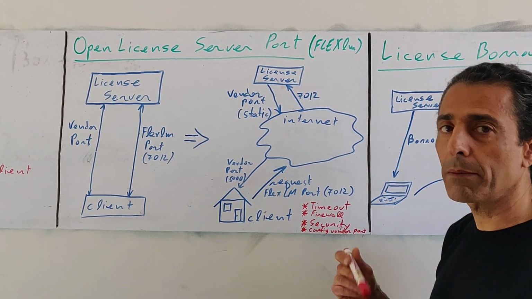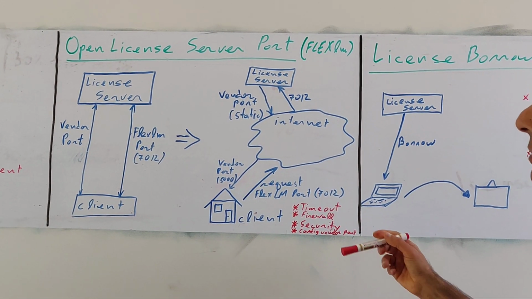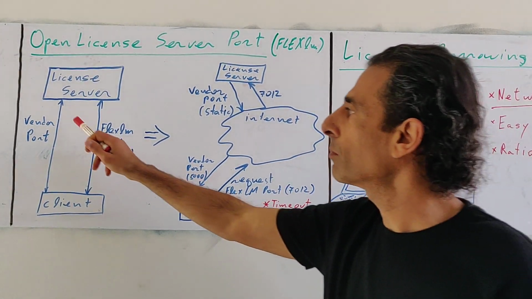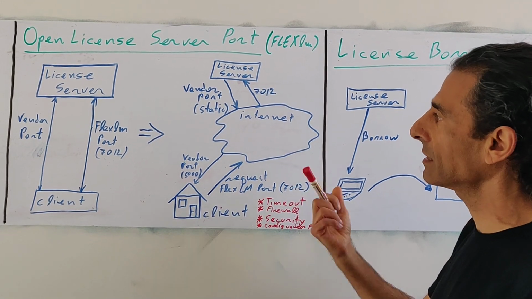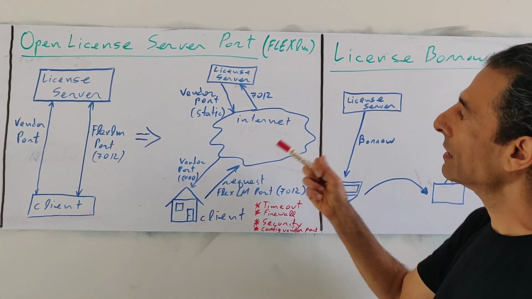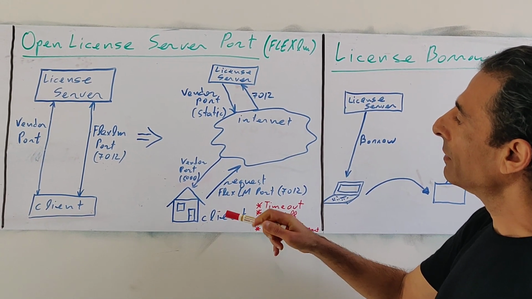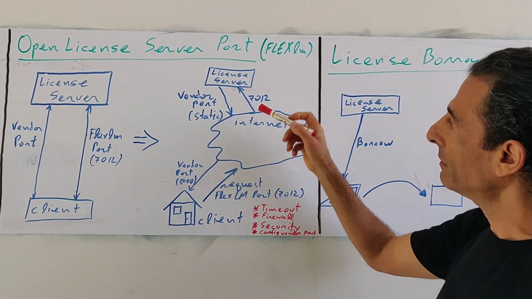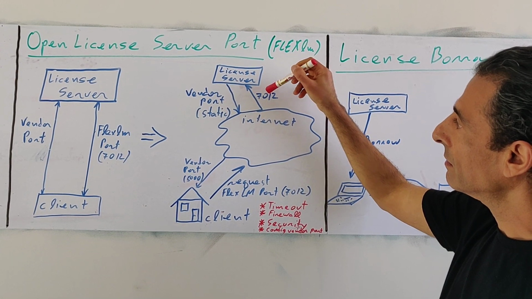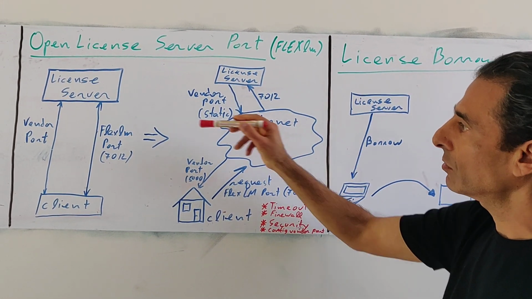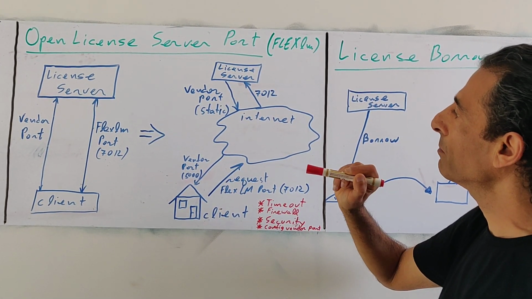To enable that to work from home, we need to make sure the vendor port is static. That's the first challenge. It's easy to set up in the license server. After that, you also need to open the ports on the firewall, the vendor port and the FlexLM port.